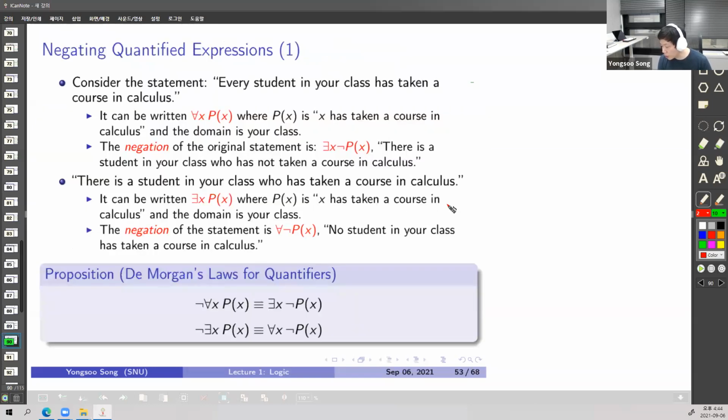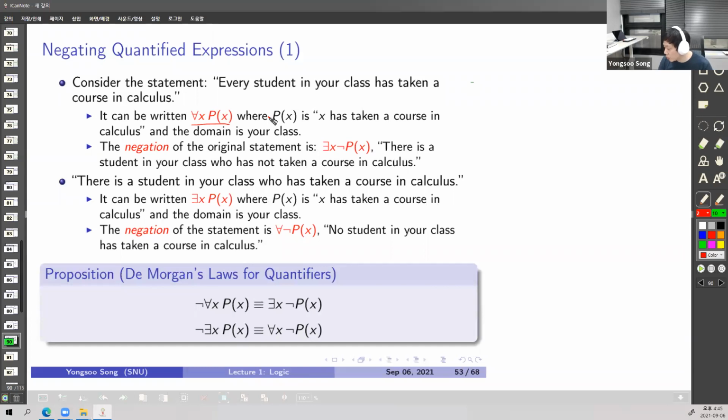And when you compute the negation of quantifiers, let's consider one example statement: every student in your class has taken calculus. It can be written as for every x, P(x), where P(x) is a statement that x has taken a course in calculus, and the domain is the class.